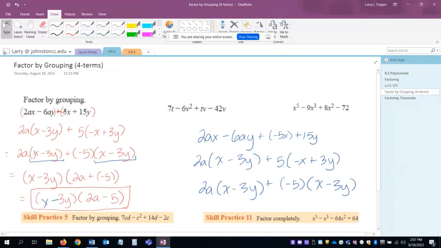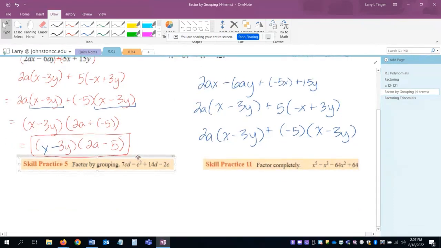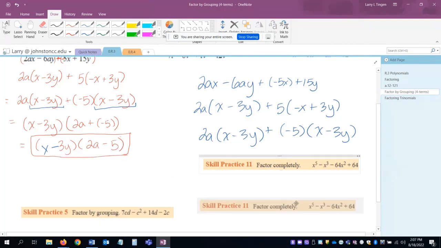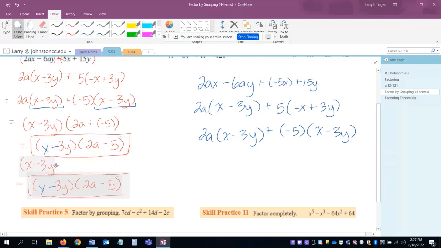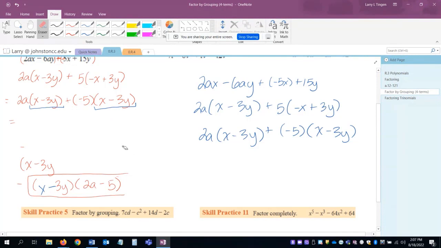So yes, then x minus 3y divides x minus 3y. Let me see if I can make one more stab at this because I think I have an idea. Trying to get too cute.